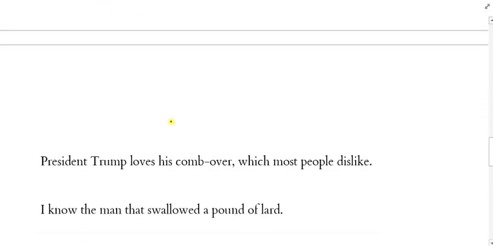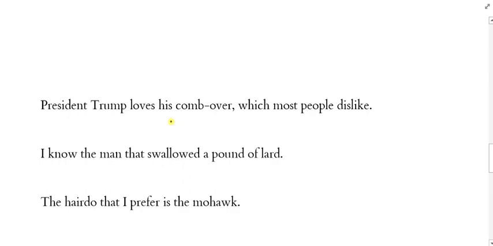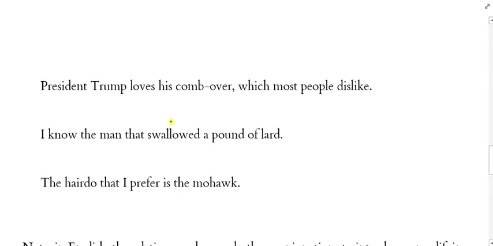Here's another example. President Trump loves his comb-over which most people dislike. All right. So what's the main clause here that the relative clause sits inside of? That's right. President Trump loves his comb-over. Subject, verb, comb-over, direct object, right? The relative clause is which most people dislike. Now, here's the question.